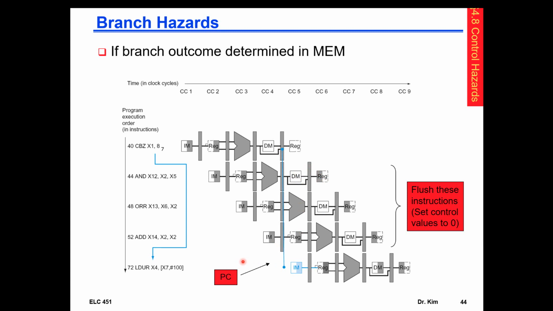Well, luckily, we never get to actually write anything to the register file, so that's a good thing. It's a reason to have the write at the end of the pipeline to make sure that we don't have to rewind anything that we have written to the register file, which represents the state of the machine as far as the programmer is concerned. So that would be more complicated to do.